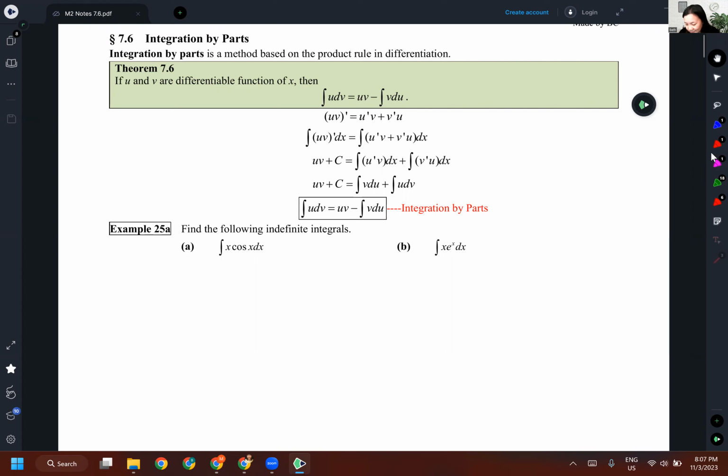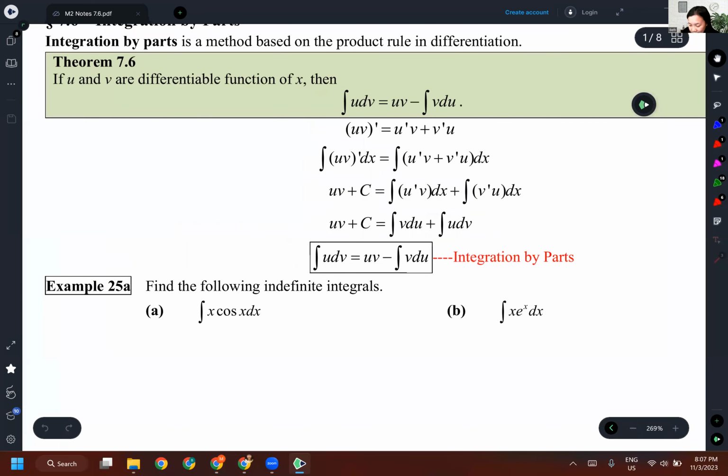And in the table, you can see the formula. One moment. Now, if you read the formula, it's weird that you don't even see dx.